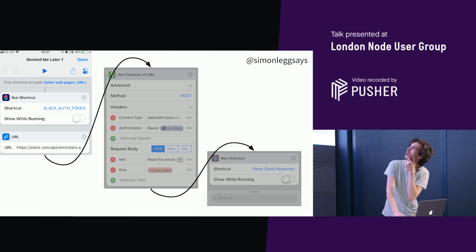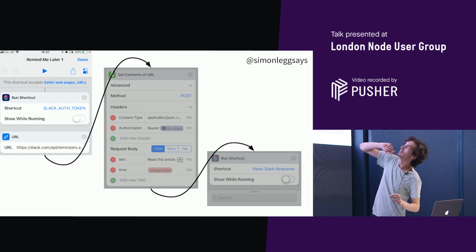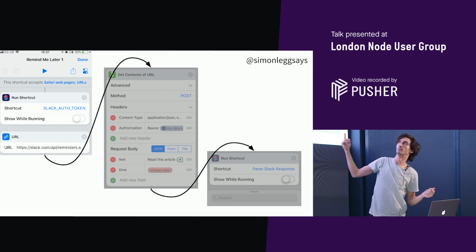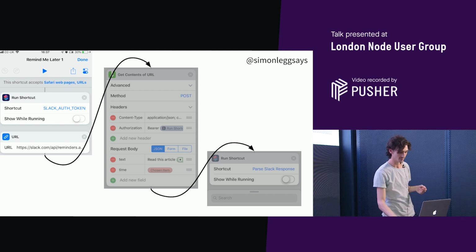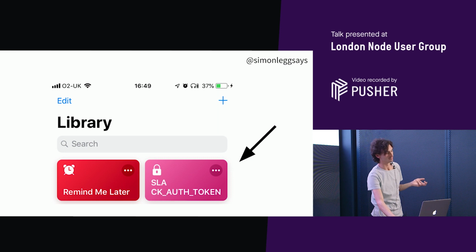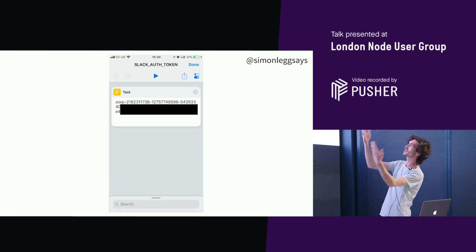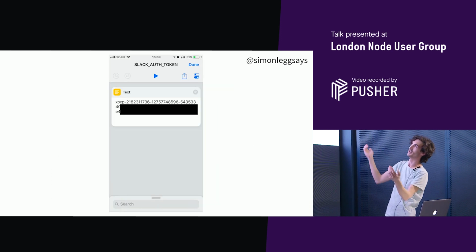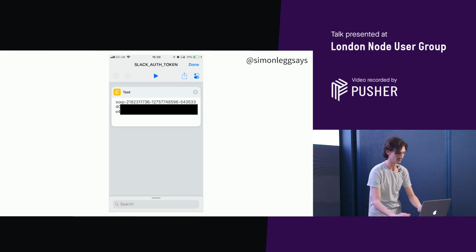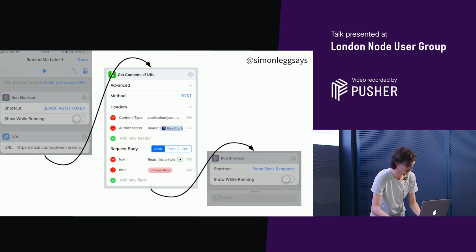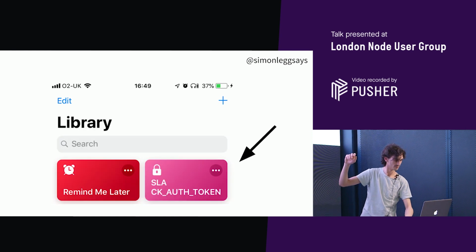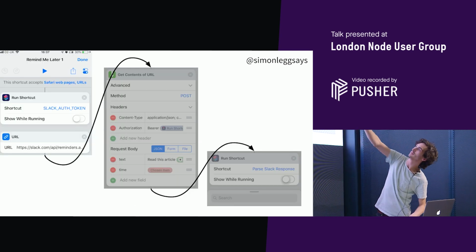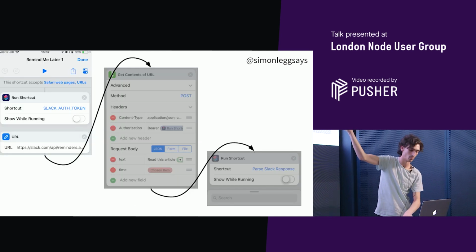So, what is in here? The first thing up here is we run another shortcut, and that shortcut is a Slack auth token, which is this shortcut. It's just another shortcut, and it just outputs some text. That's it. So it runs that, and then the next thing is it creates a URL.